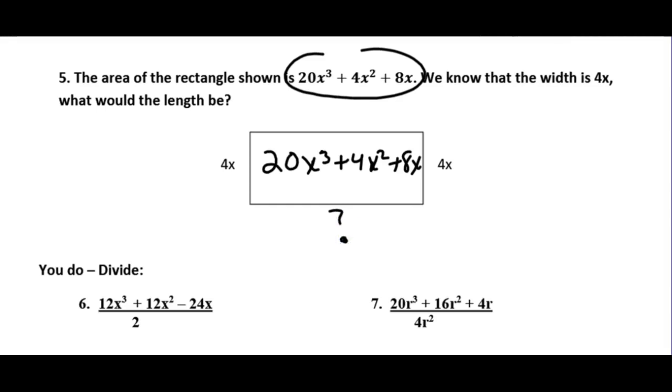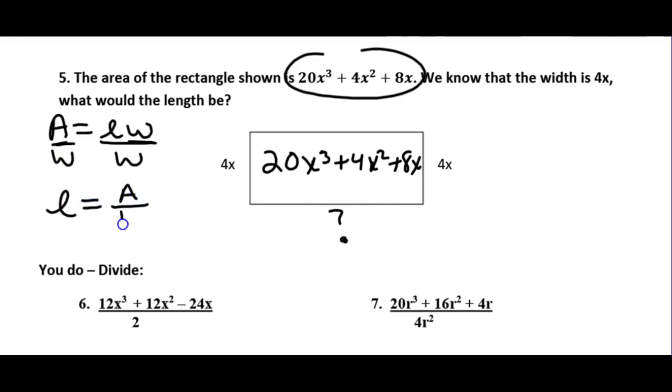So when we think about finding the area of a rectangle, we do length times width. But what if we know the area, and we know the width, and we need to find the length? Well, this goes back to what we did in Unit 3, solving for a different variable. So I'm going to divide this by W. So my length is equal to my area divided by W. And that's what I'm going to do with this problem.